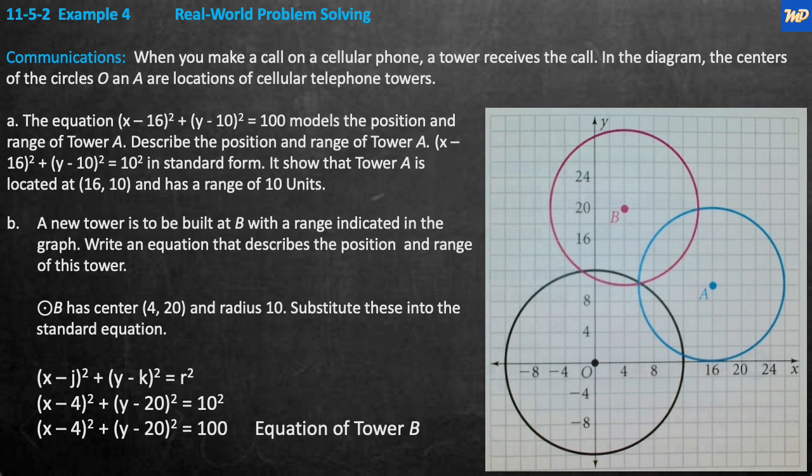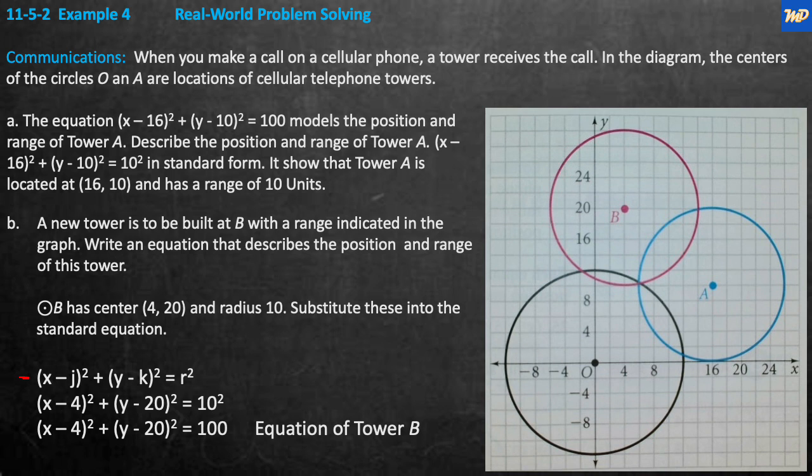So we're going to do basically the same thing we've done with tower A. This one says that the center is (4, 20), x equal 4, y equal 20, and a radius of 10. So substitute these into the equation. The standard form is written here, and then we're going to fill it in with our numbers.